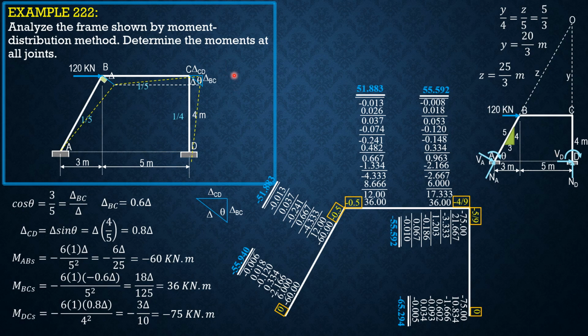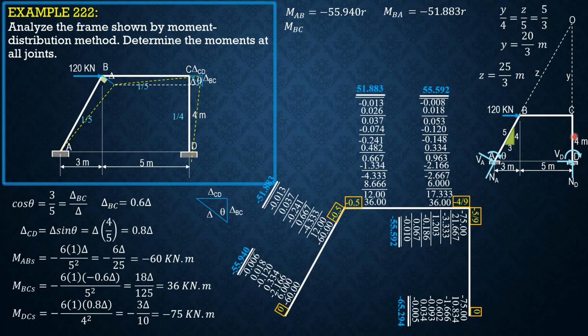So therefore, this is 1/5 of quantity MAB plus MBA. So 1/5 of MAB plus MBA times 40/3, plus 1/4 of MDC plus MCD, this one, V_D.